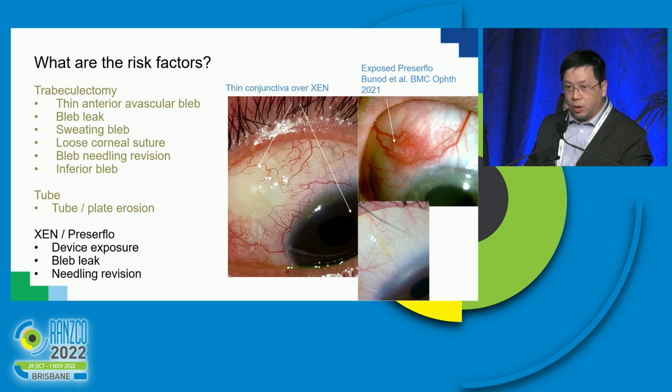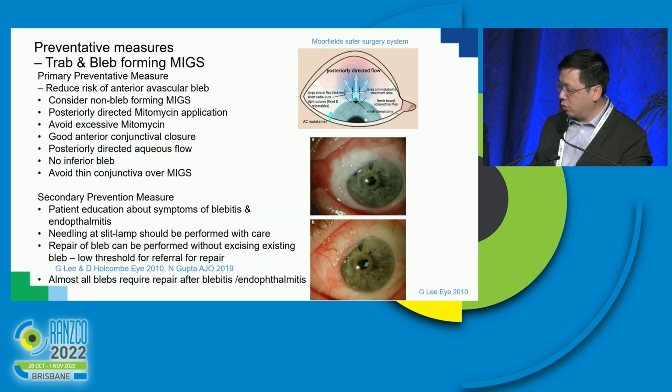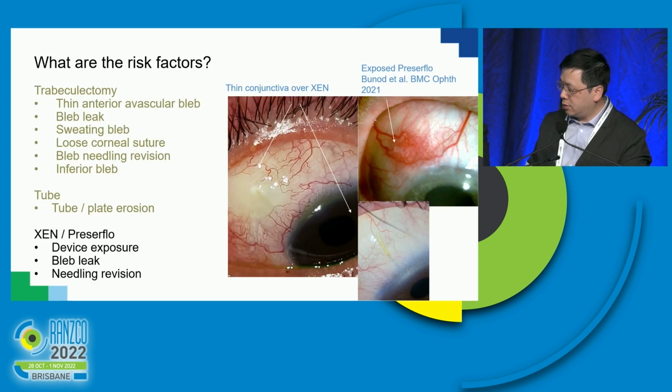In terms of the newer devices such as XEN and PreserFlo, there have been some reports of erosion of these devices, and therefore it's very important to look at the health of the conjunctiva over these devices, and if they appear to be at risk of exposure, then you might need to revise the procedure earlier rather than later.